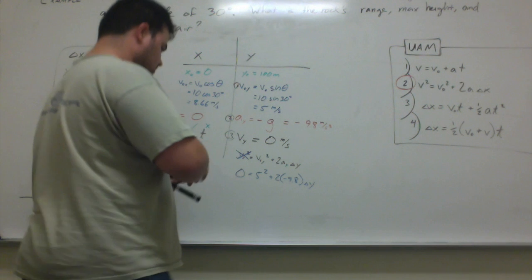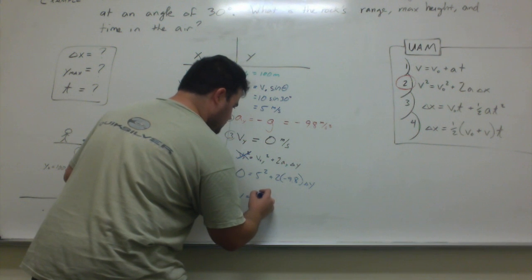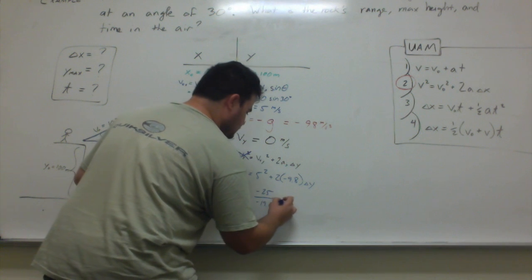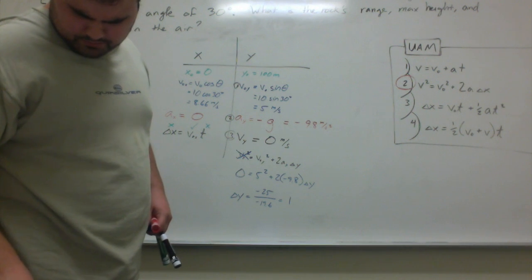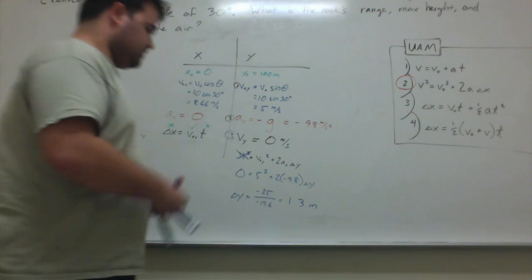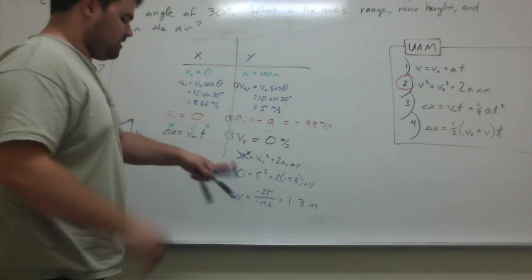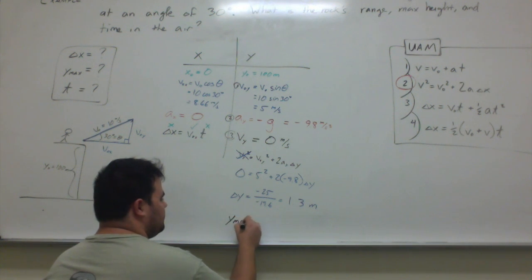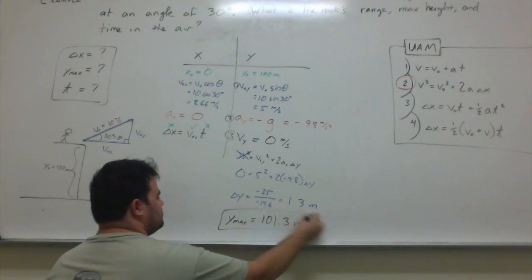When you solve for that, you're going to get that delta y is negative 25 over negative 19.6, which is going to give you 1.3 meters. Since we initially started at an initial height of 100, and we went up 1.3, our maximum height is going to be 101.3 meters. So there's our max height.